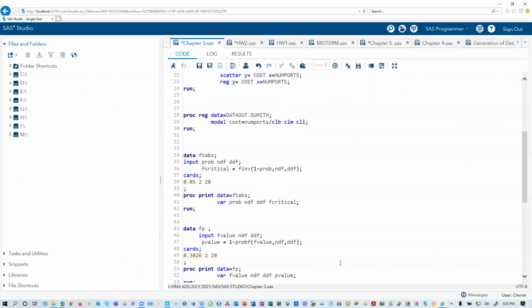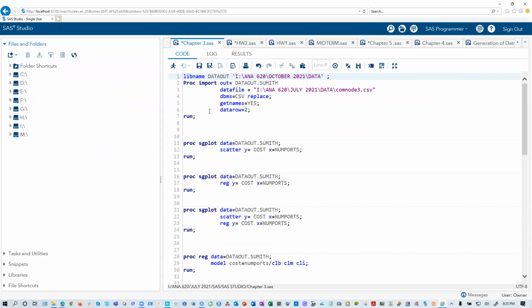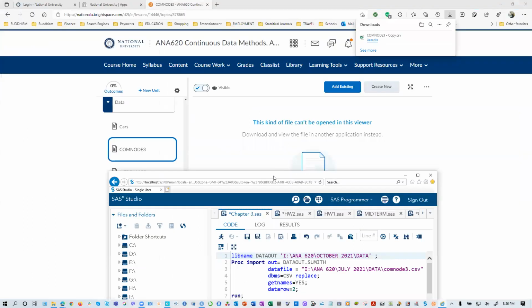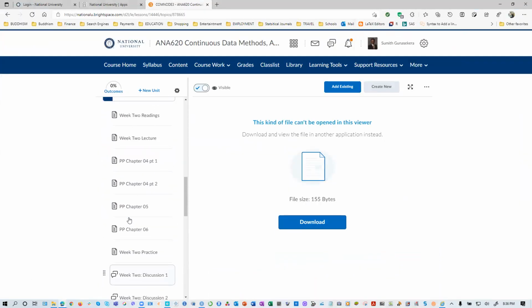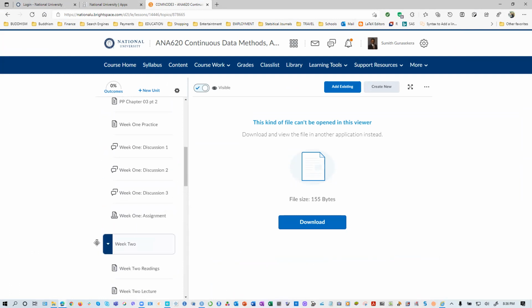Let's get back a little bit to chapter 3, where mainly we covered how to import data, and how to draw a scatter plot. This is the scatter plot drawn related to the slide that you saw. Sorry, not this one.